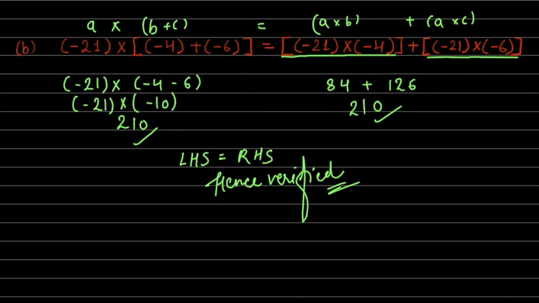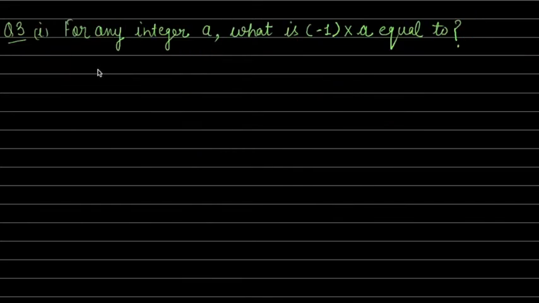Let's see question number 3. Question number 3 again is, for any integer a, what is minus 1 into a equal to? So we know that minus 1 into a will be equal to what? If a is any integer and you multiply that integer, a positive integer, with minus 1, what will it change to? A negative integer, right? So where a is what?